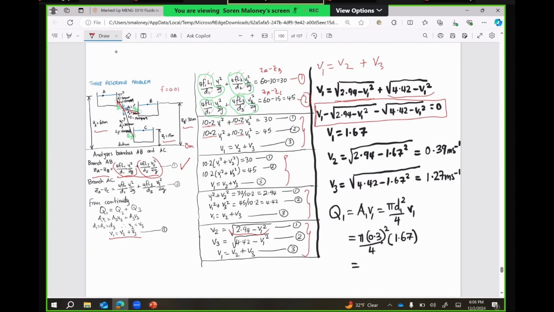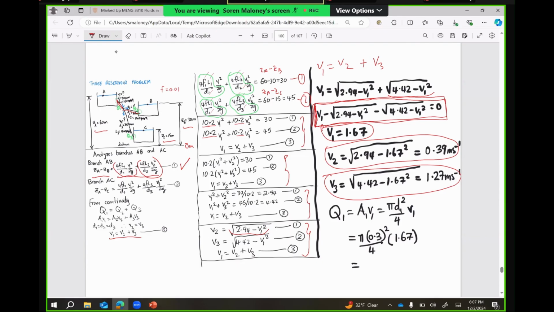Before, I used to give students this to solve using Excel, where you set up all your equations and you get a single equation for V1 that you can then solve for V1. Once you solve V1, you come back and plug it into your expression for V2 and your expression for V3.